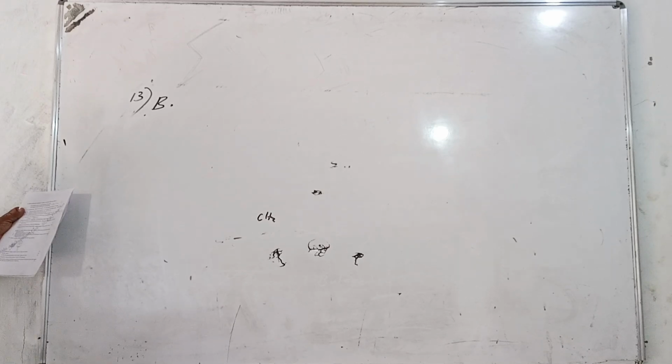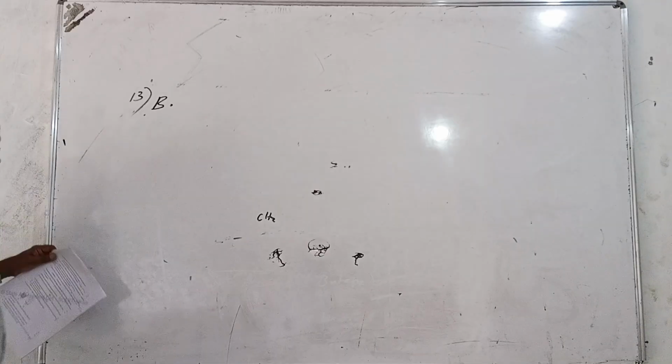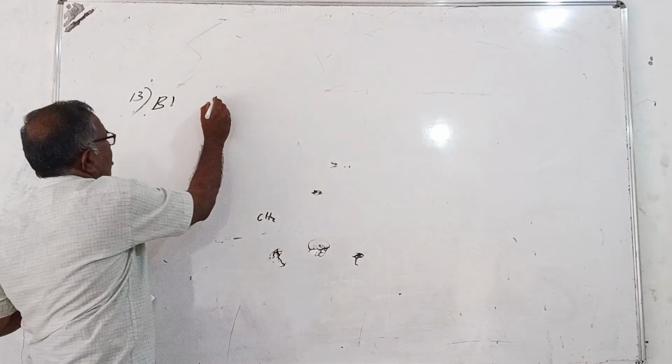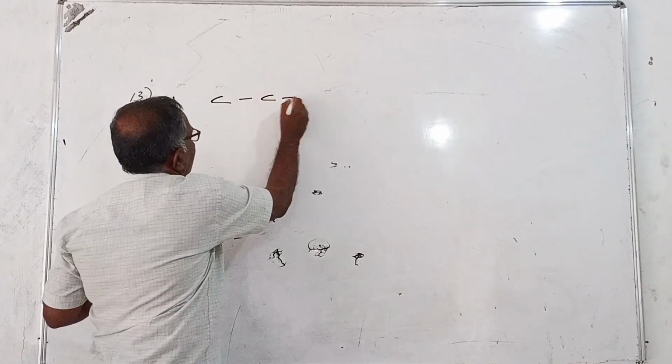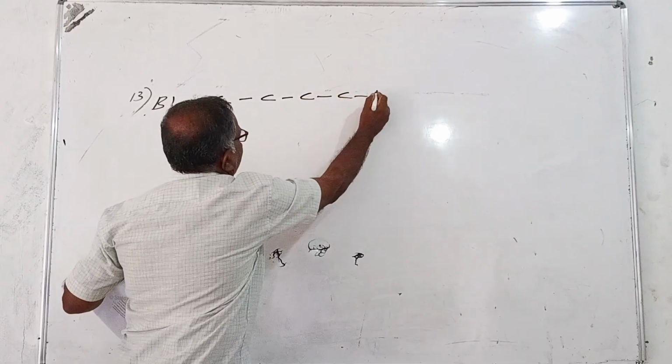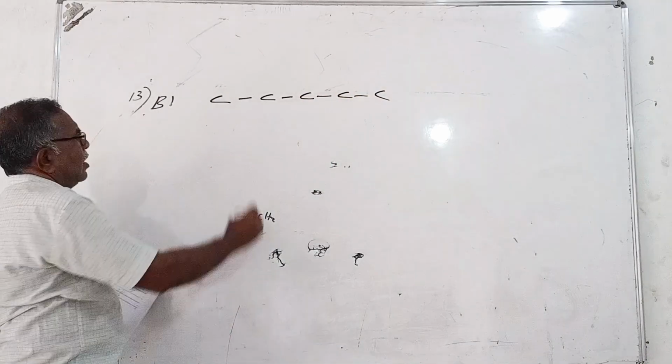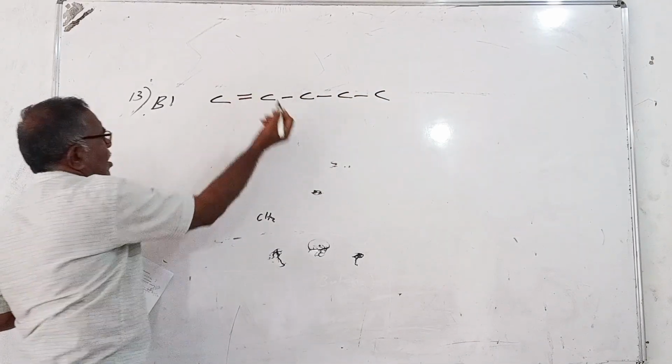Look at the question. There are 5 carbon atoms in the hydrocarbon. There is a double bond between the first and second carbon atom. Since there is a double bond, these compounds are called alkenes. Let us write 5 carbon atoms, numbered 1, 2, 3, 4, 5, and give a double bond here.